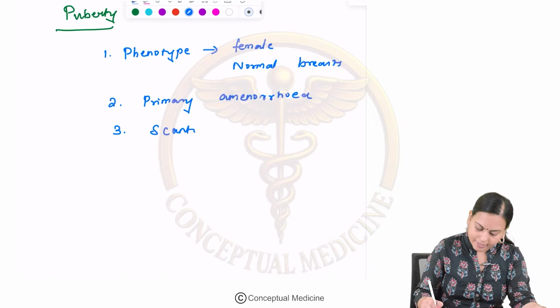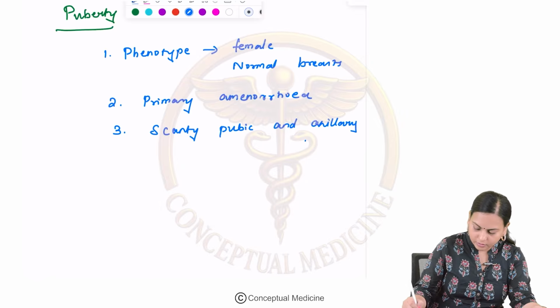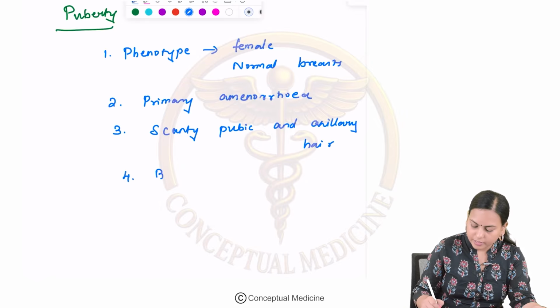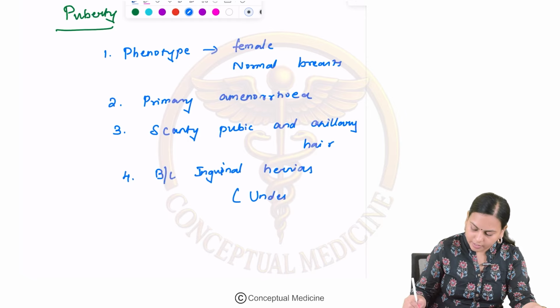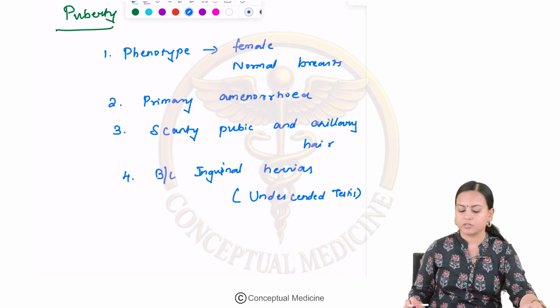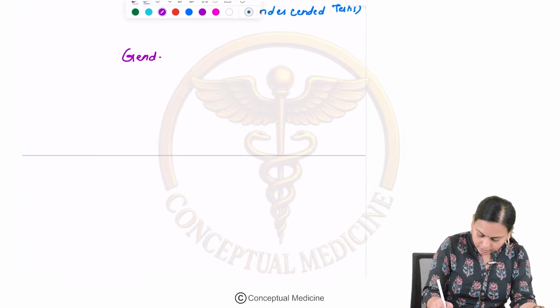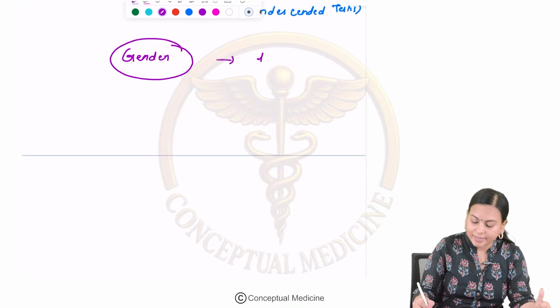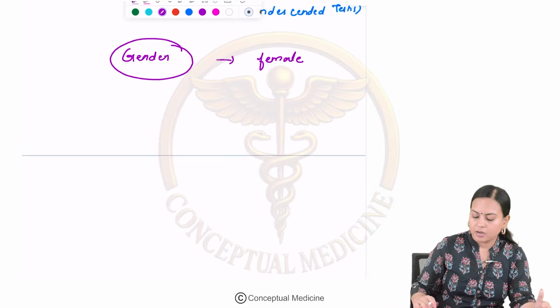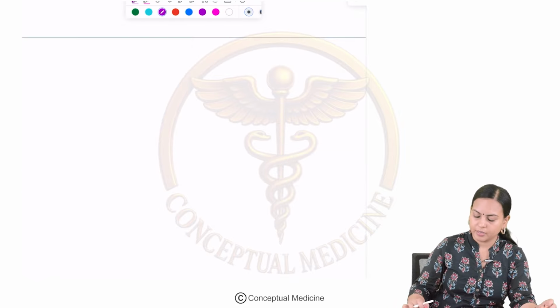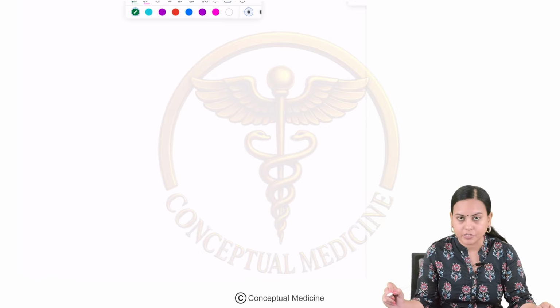So, there is scanty pubic and axillary hair and then they can even have bilateral inguinal hernias. Okay, that is nothing but the undescended testes. Okay, so this is all you have to know. So the gender of these people will be assigned like a female usually, and they will be reared like a female.